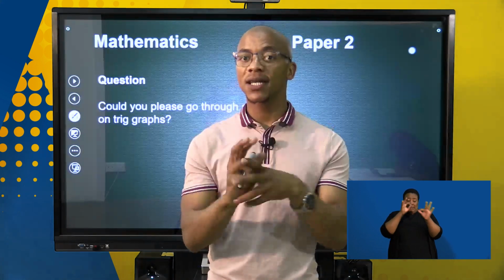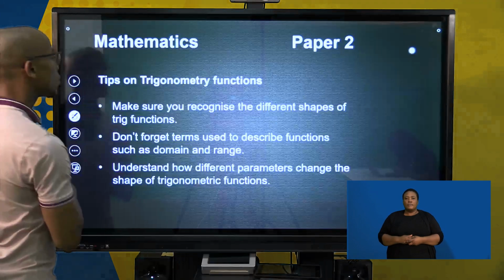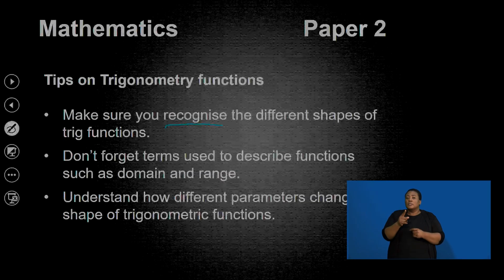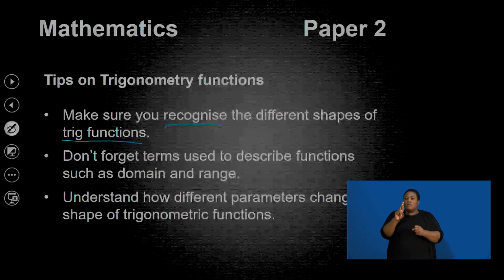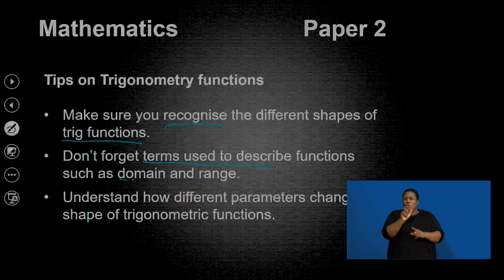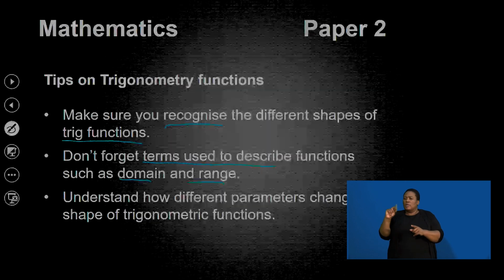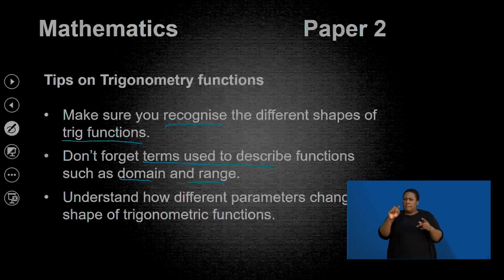But in specific, let's just look at a specific question from past papers. So before we do that, you need to make sure that you recognize the different shapes of the trig function. Also, don't forget terms used to describe the functions such as your domain and your range. And then lastly, understand how different parameters change the shape of a trigonometric function.